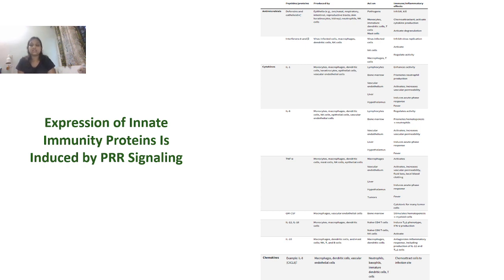Whenever there is an infection, they attract other cells like neutrophils and basophils to come to the site of infection. So these are the different kinds of innate immunity proteins which are induced by PRR signaling.